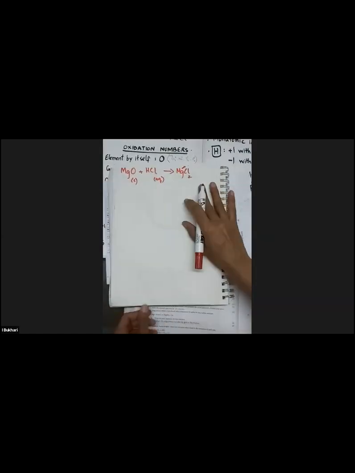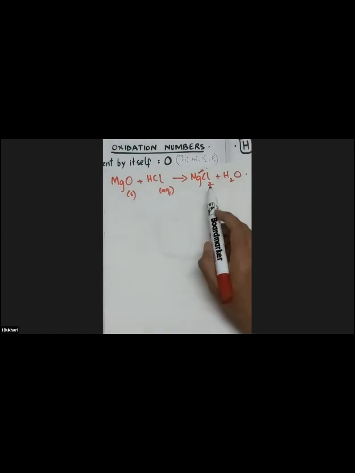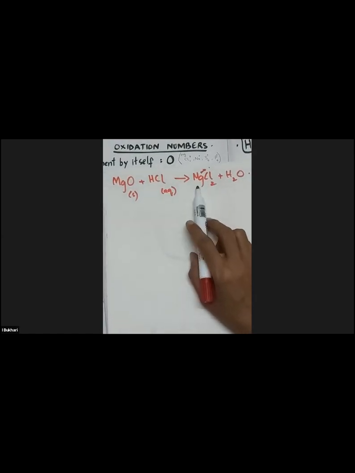The oxidation state is +2, so I will write +2. I will write 2 here as a subscript next to chlorine. And water. All the chlorides are soluble except for lead and silver. This is not lead or silver, so this must be soluble. So this is aqueous. And this is liquid.